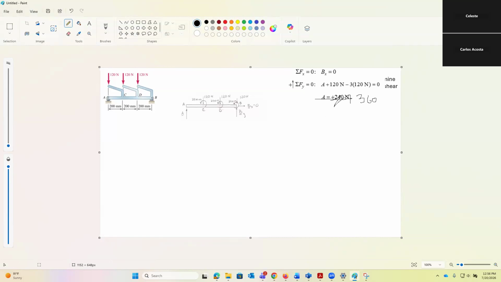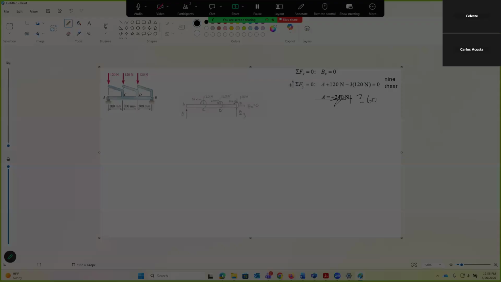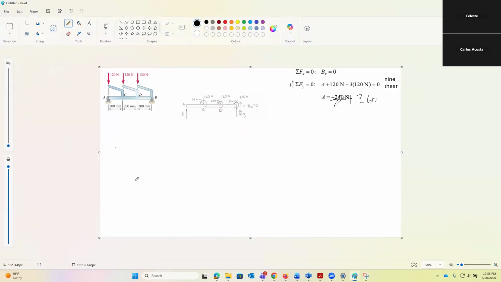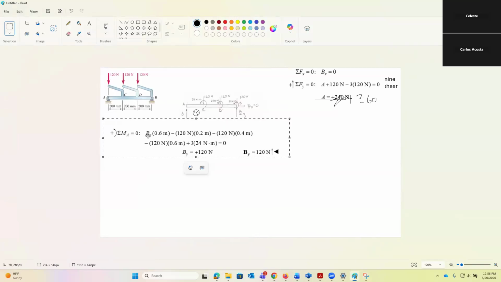All right, the moment for it is this one. So obviously we want to get the moment at A, or at B, it really doesn't matter. It's whatever we feel more comfortable. So if we do it at A, By times 6, minus 120 times 0.2, minus 120 times 0.4.